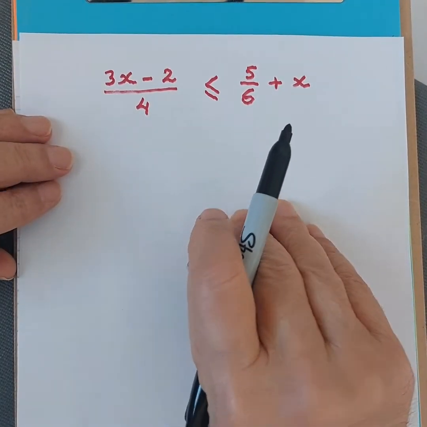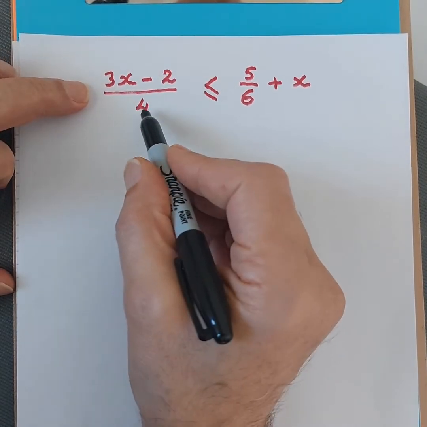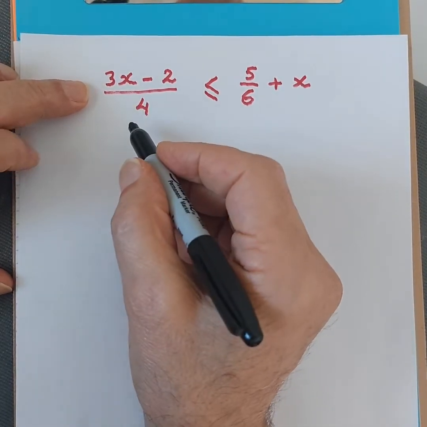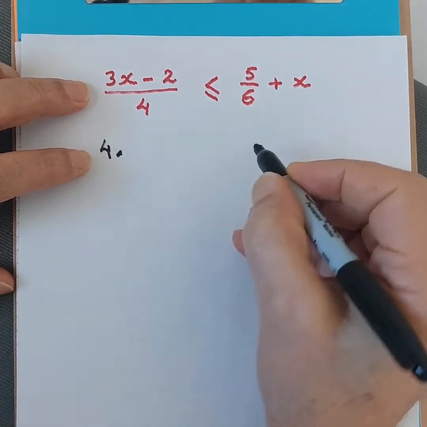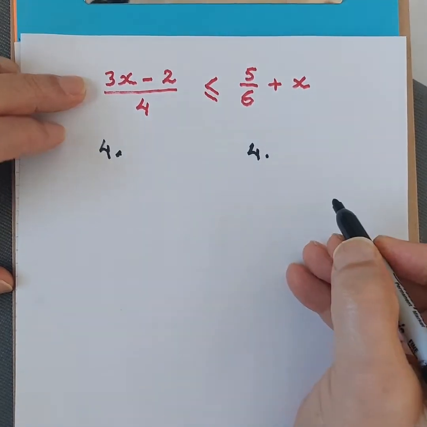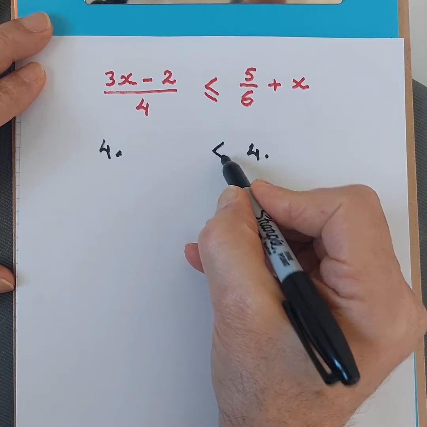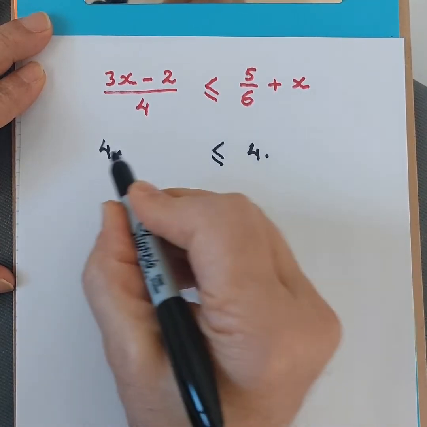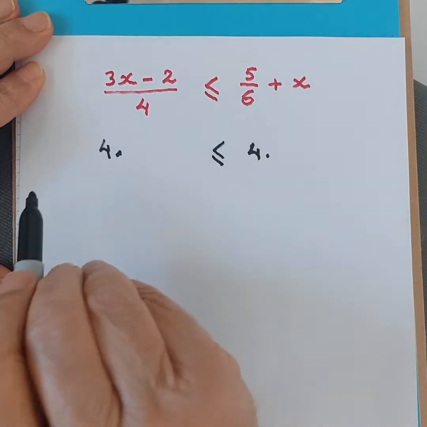So if I do it in 2 steps, first I multiply by 4. When you multiply here by 4, this side and this side, multiplication by a positive number will not change the sign of inequality.